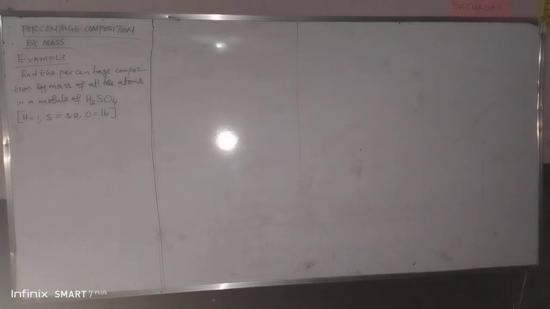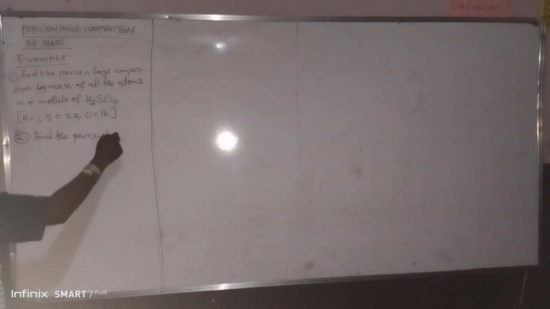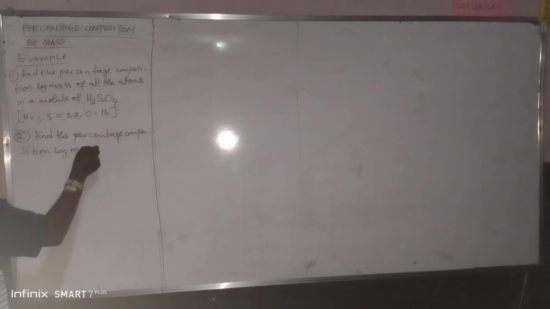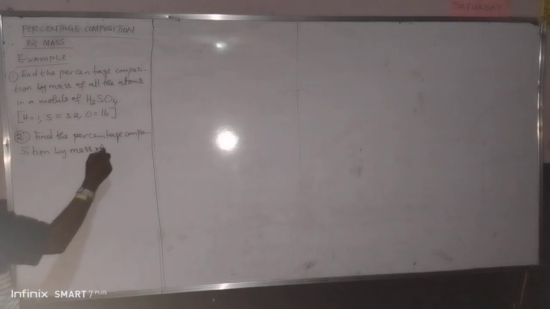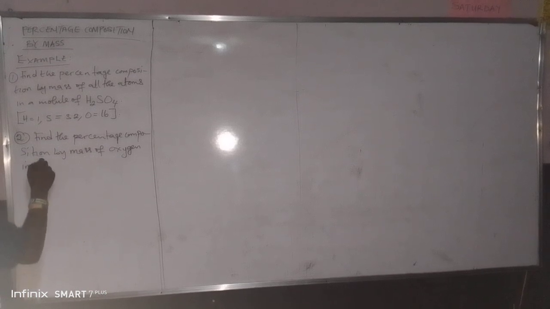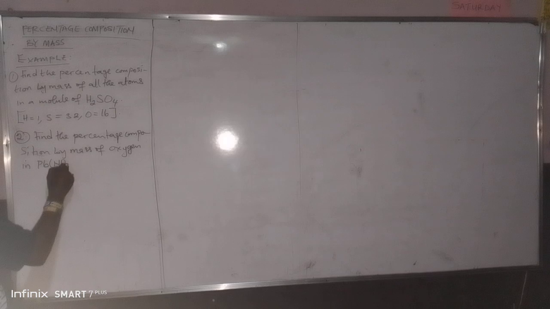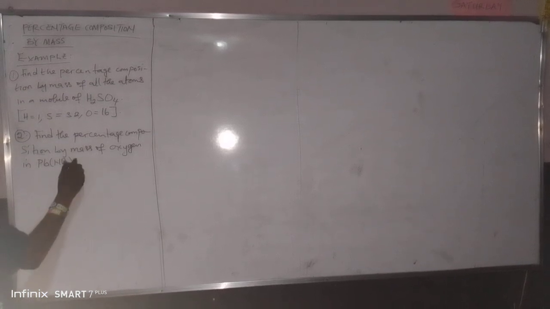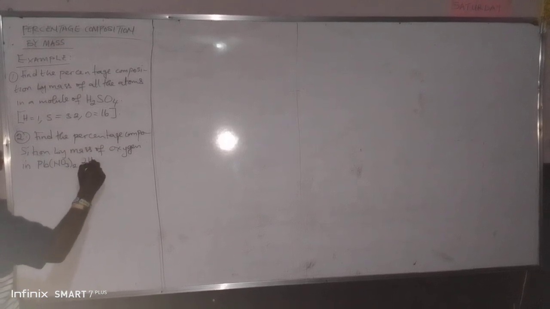So you have something like this. Number 2, you can be asked to find the percentage composition by mass of oxygen in Pb(NO3)2, or let's say, now when you have dots, let's just have dots, 2H2O.